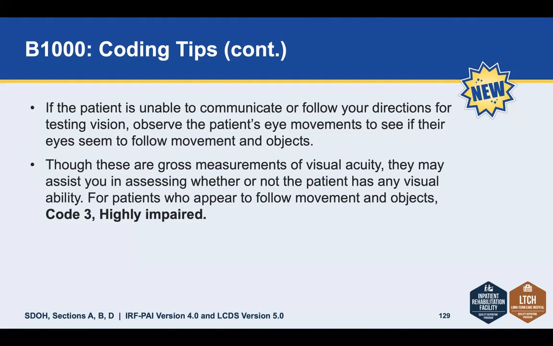If the patient is unable to communicate or follow your directions for testing vision, observe the patient's eye movements to see if their eyes seem to follow movement in objects. Though these are gross measurements of visual acuity, they may assist you in assessing whether or not the patient has any visual ability. For patients who appear to only follow movement in objects, choose code 3, highly impaired.